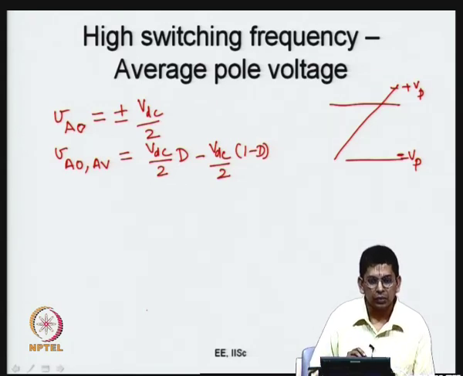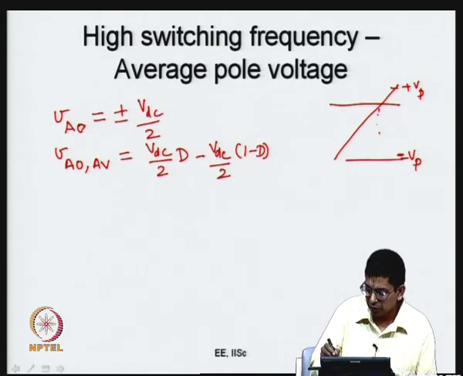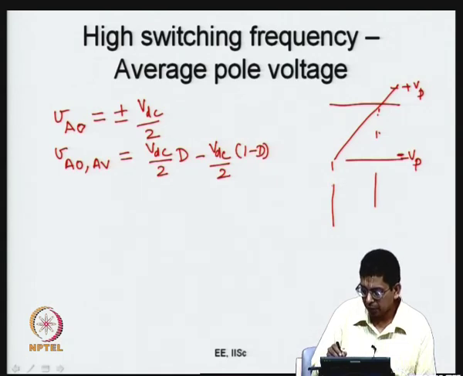Whenever the sine wave is greater than the carrier, the top device is on. So, during this interval you have plus VDC by 2 applied, and during the rest of the interval it is minus VDC by 2 getting applied.